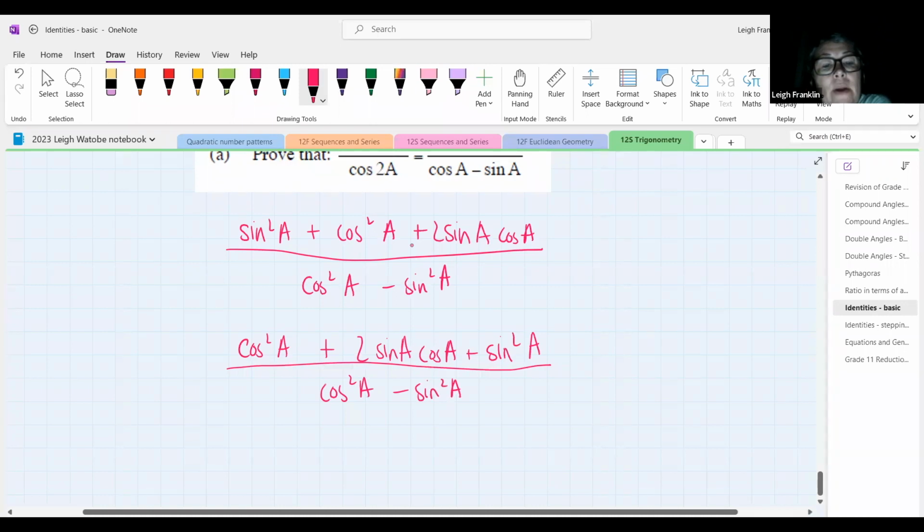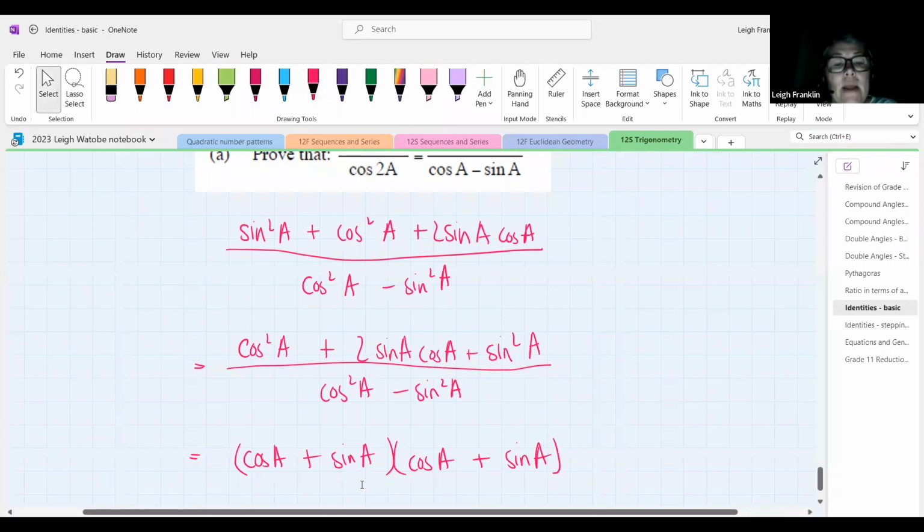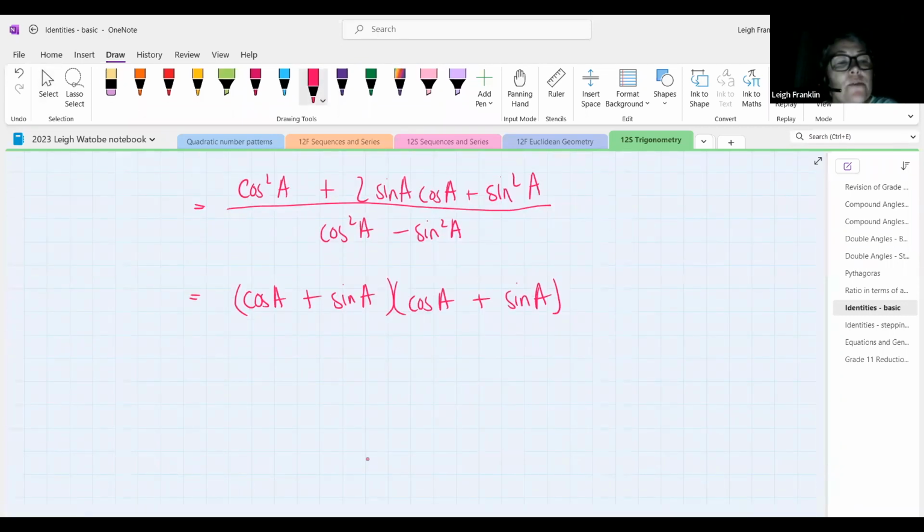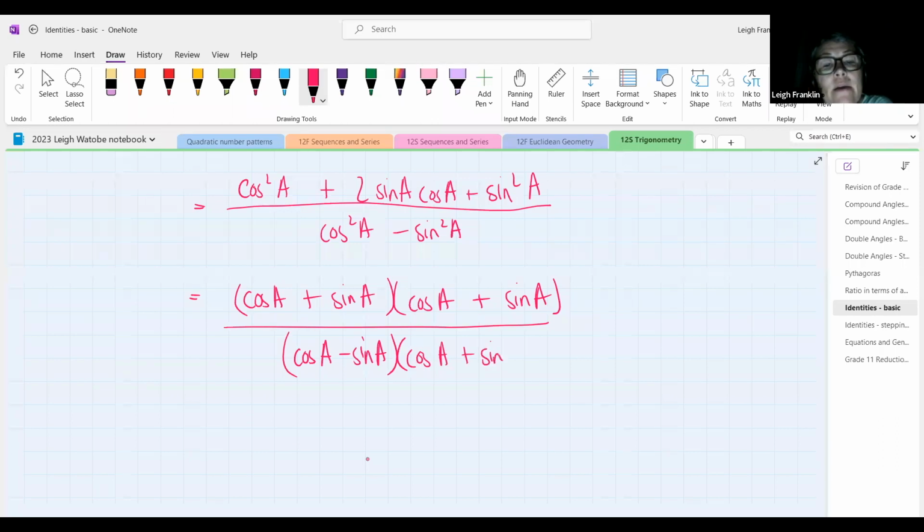The numerator is a trinomial, so this is cos a plus sine a multiplied by cos a plus sine a. The denominator is a difference of 2 squares, so this is going to be cos a minus sine a times cos a plus sine a.